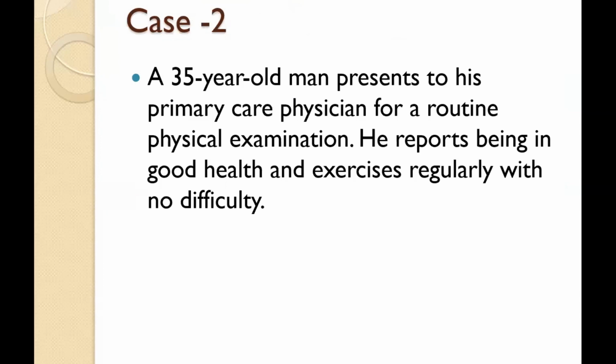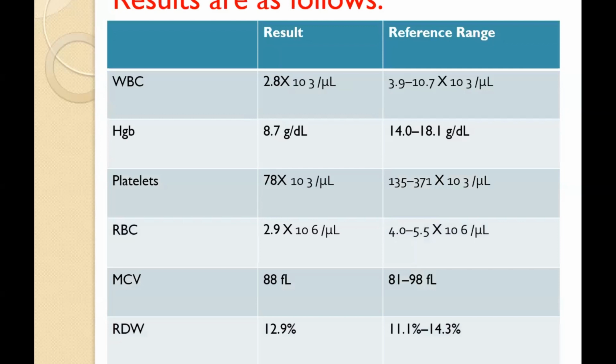Now see, this patient came for a routine physical examination. He was enjoying good health and exercising regularly. There was no difficulty. When this patient was investigated, again a CBC, because today we are talking about anemia, so we are discussing CBC: hemoglobin low, TLC low, platelets low. And how was it interpreted?